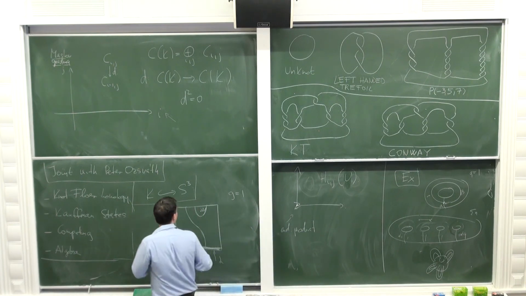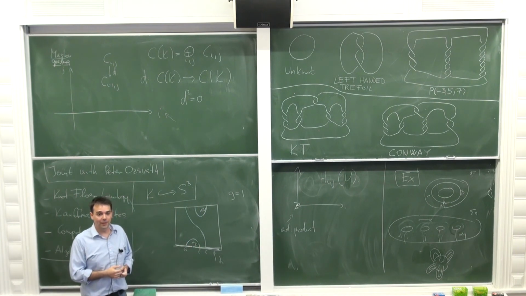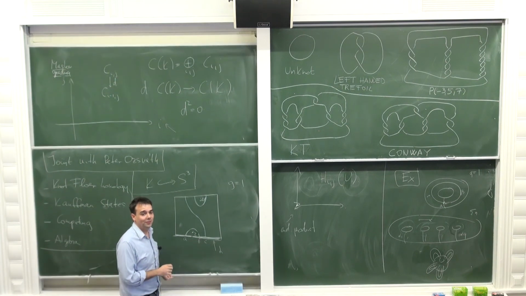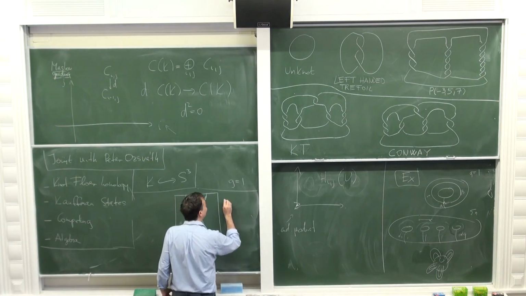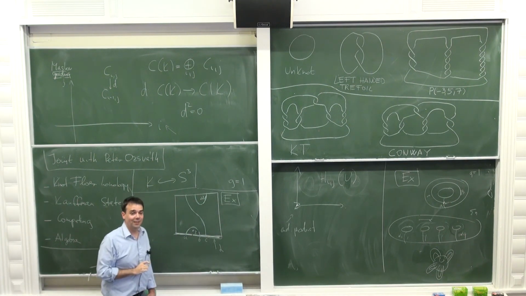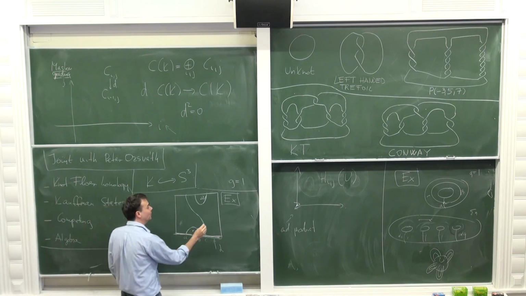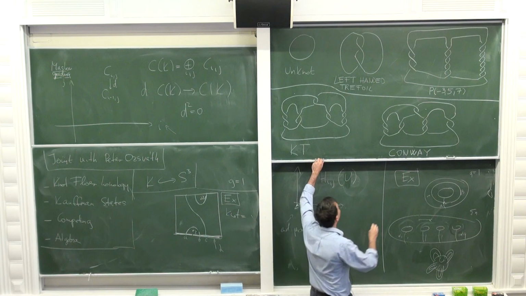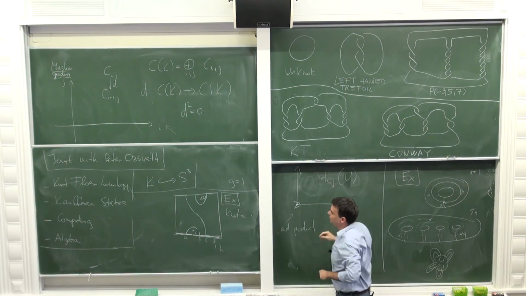And you can see that it's going to be slightly more complicated than before. And if you have never seen this example, I would like to pose as an exercise to see that the corresponding knot is in fact the same as our second example, the left-handed trefoil.